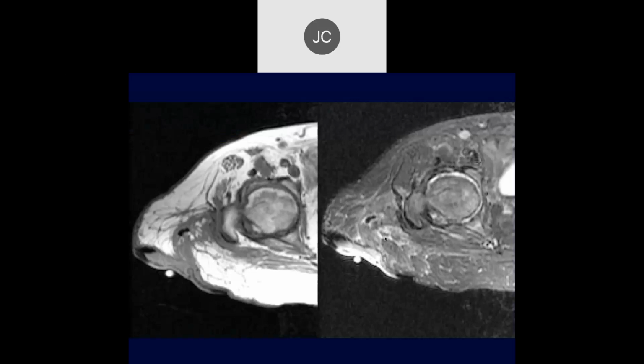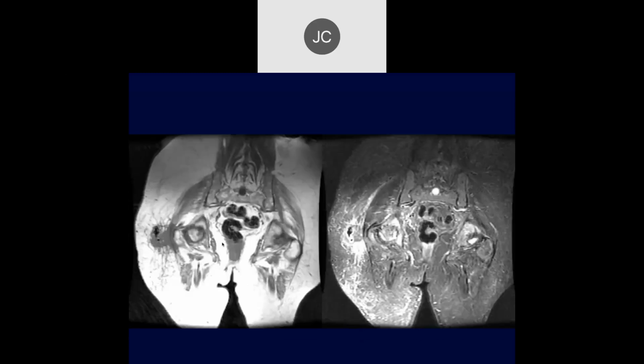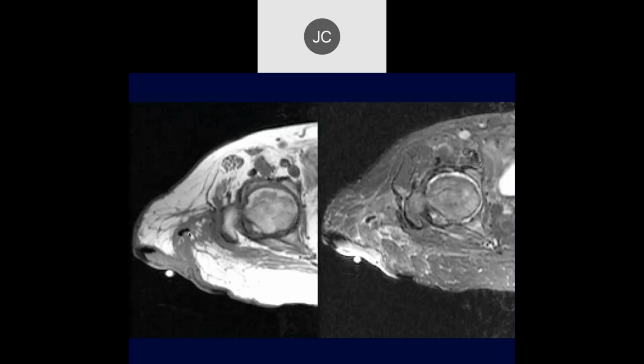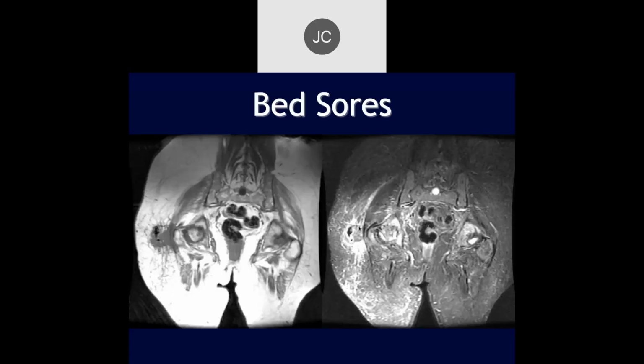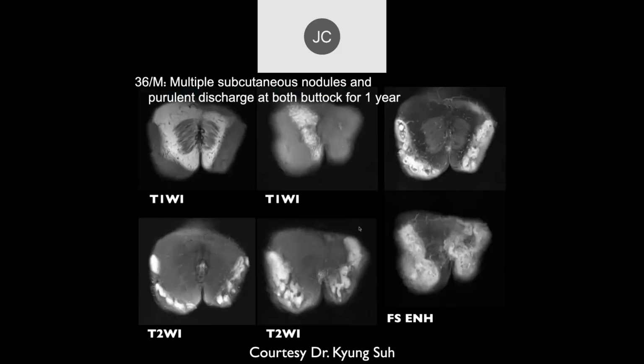And there's that dark signal. Bed sore with an infection. Yeah, so these are bed sores from not turning the patient. Very, very common in nursing homes. You get necrosis of the skin, which then gets infected. And obviously, this patient doesn't walk.